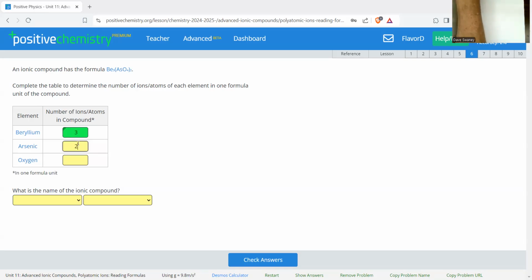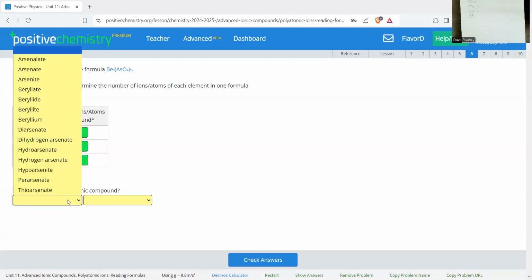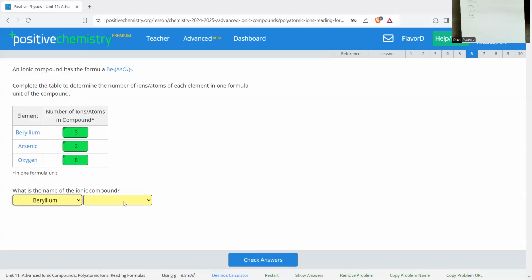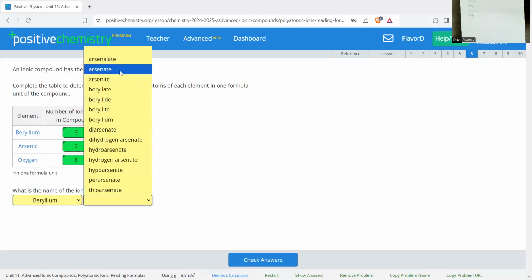So there are 2 total arsenics. Every set of this has 4 oxygens, but then we have 2 sets of it. So that's a set of 4 and then another set of 4. So there are 8 oxygens. And the name of this then is beryllium arsenate.